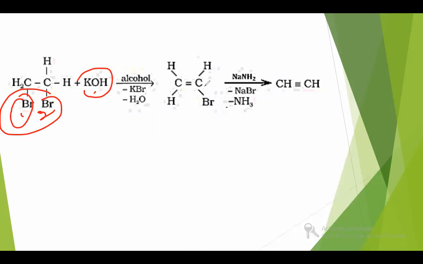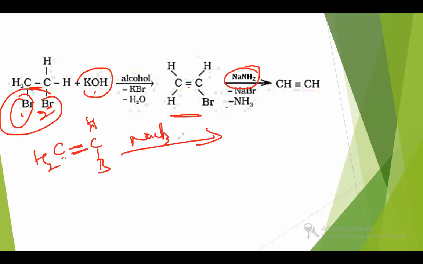Then with the removal of one bromine as KBr, one bromine is left behind. So we form a double bonded compound, CH2 double bond CHBr, a carbon-carbon double bonded compound. This is what we are getting. Okay, this alkenyl bromide is treated with sodamide, NaNH2.